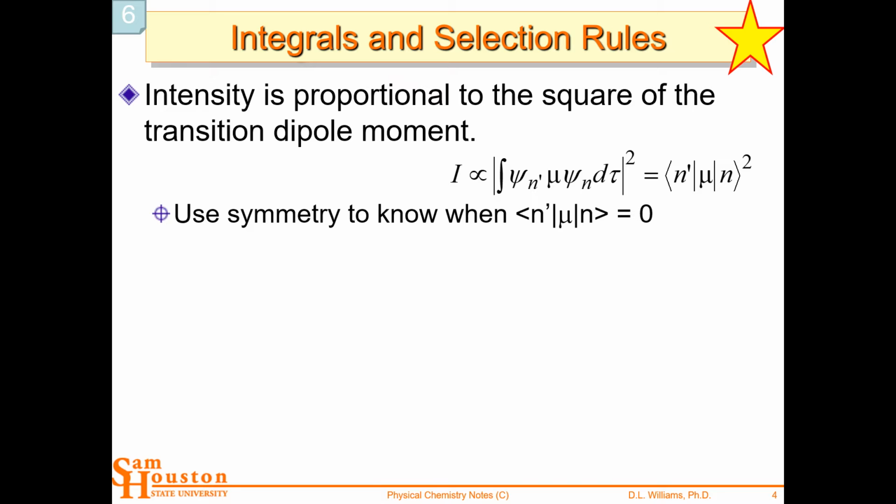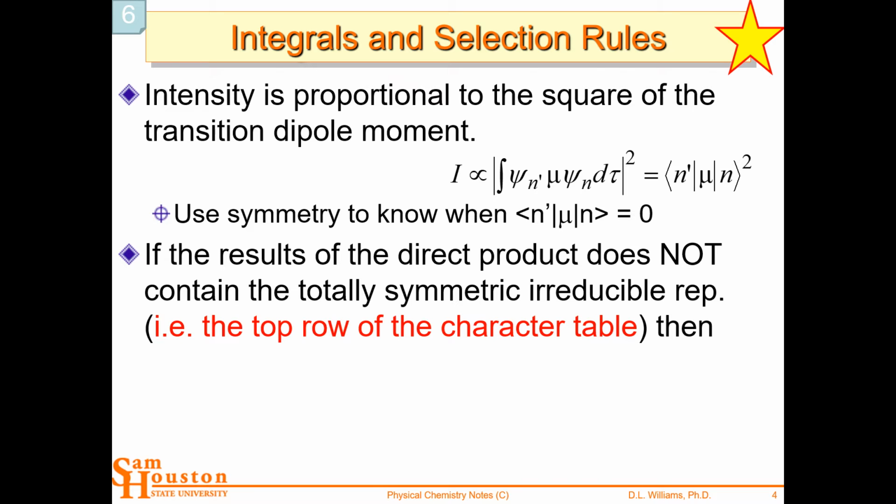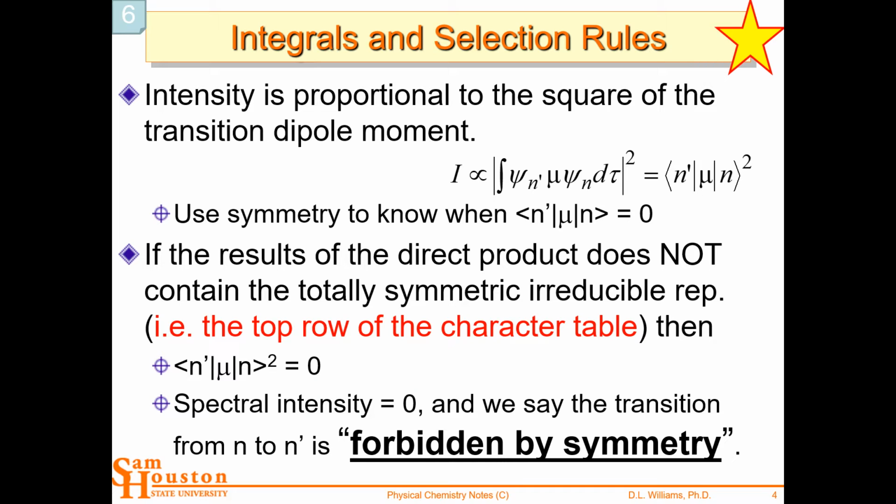And so if you can demonstrate that that integral is 0, then you know that that transition is forbidden. If the result of the direct product does not contain the totally symmetric irreducible representation, that's the top row in the character table, then this integral is 0 and that spectral intensity is 0. And so we say that the transition from n to n prime is forbidden by symmetry.